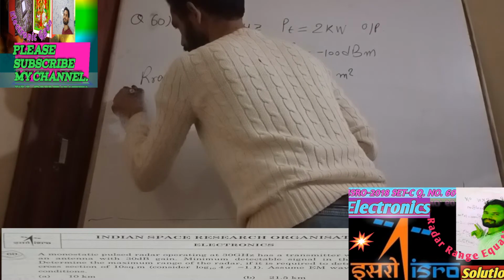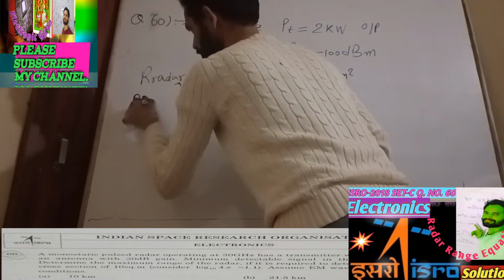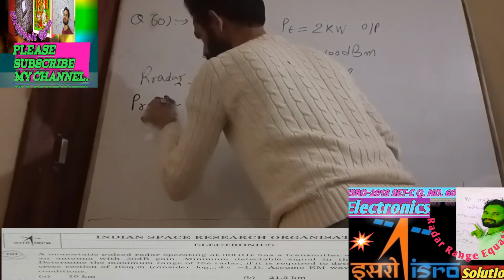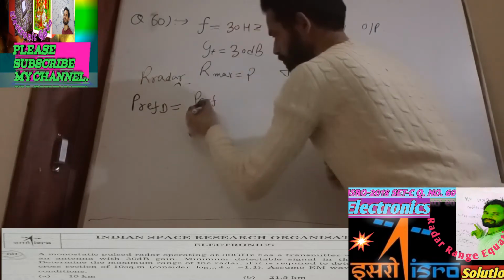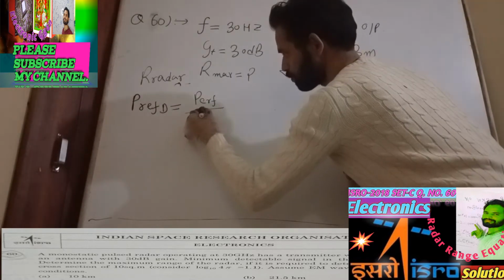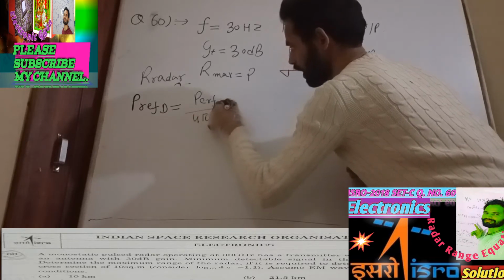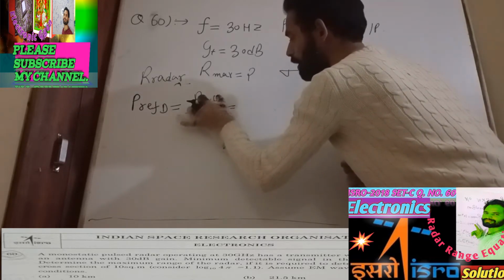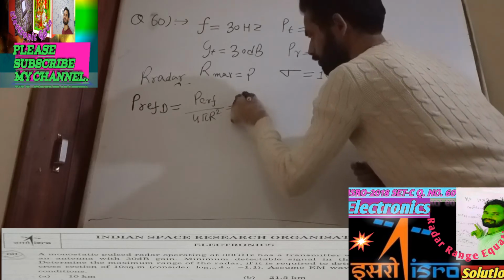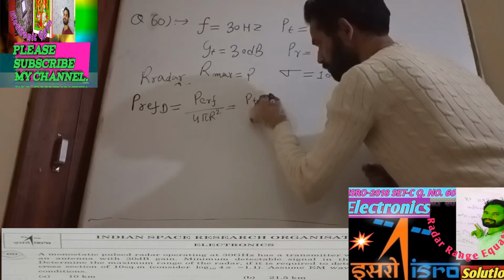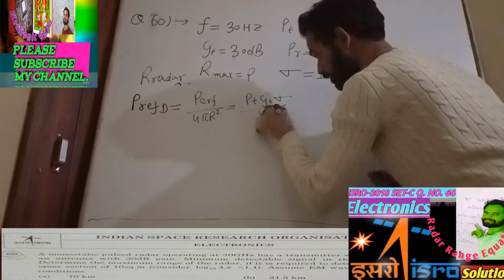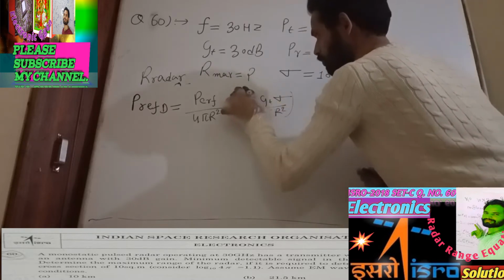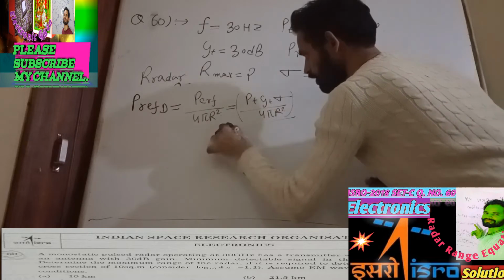Up to what we have reached: this is P reflected power density, which is nothing but P reflected power upon 4 pi r square. As we have calculated, P reflected power is nothing but Pt Gt sigma divided by 4 pi r square. This is my reflected power.